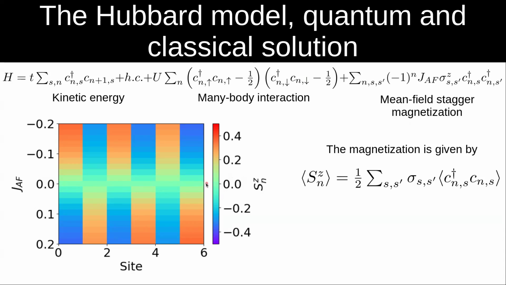And now, as you increase the value of the staggered magnetization, what you observe is that magnetization slowly starts to appear, but it actually doesn't appear suddenly. You have a slow growth of the expectation value of the magnetization on each site. So the way to understand this is that this system actually has spin correlations, antiferromagnetic spin correlations, but quantum fluctuations are actually destroying the order.